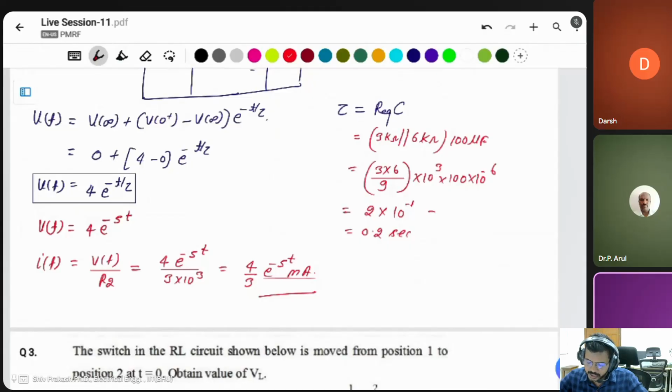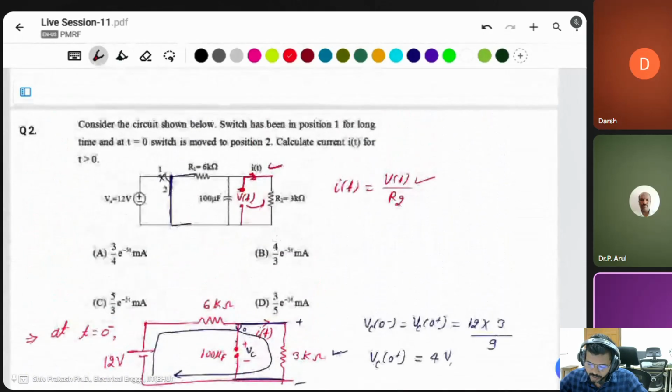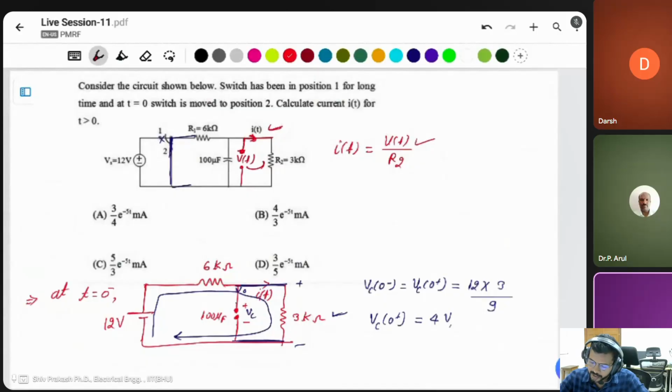In this case, you should read the question carefully. The current is asked at the 3 kilo ohm resistor, not the current of the capacitor. If the current of the capacitor is asked, then you can simply apply I is equal to C dVc by dt.